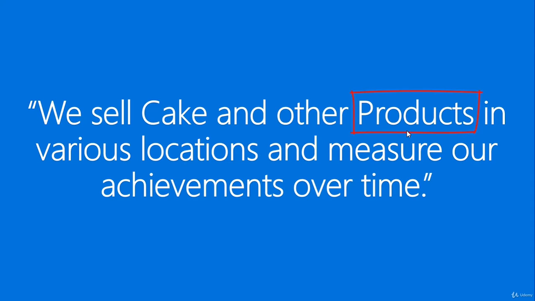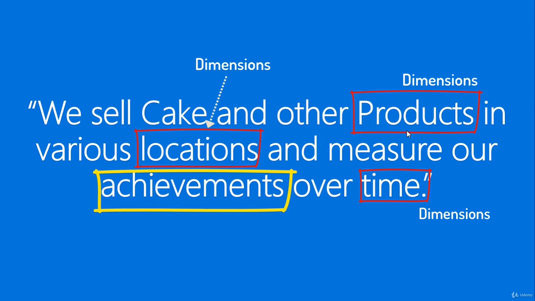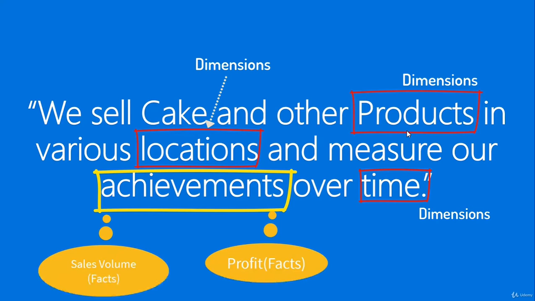Products, locations, and time are obviously things that are important for analysis. These make a good starting point for defining the set of dimensions. Achievements is a generic word, but in this context, it may mean the sale amount or maybe the profit the company is making.